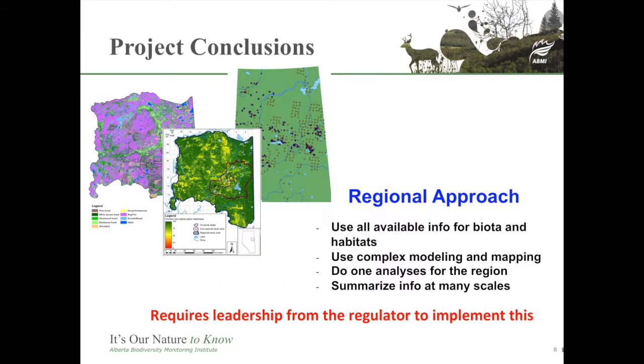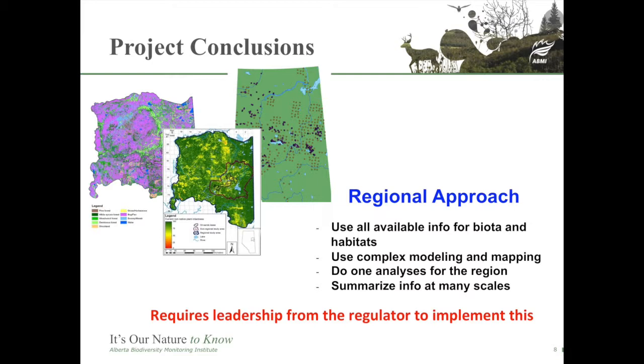The conclusions, and I'll admit I've not done justice to the study, but I wanted to move on to the part on changing management. The conclusion of the study was, yes, you can use existing information, and there is a lot of existing information, to talk about how things are expected to be affected by existing human footprint in a region.